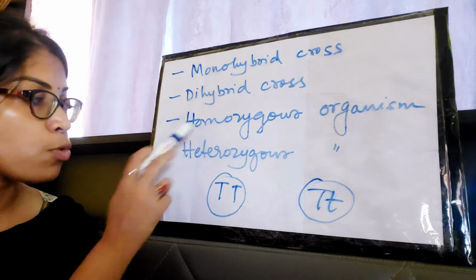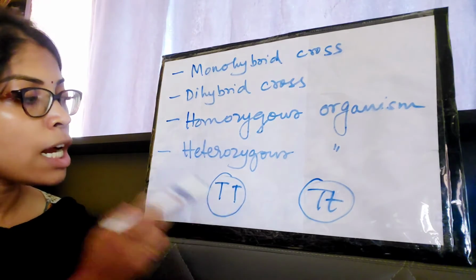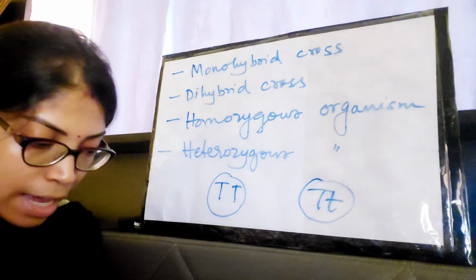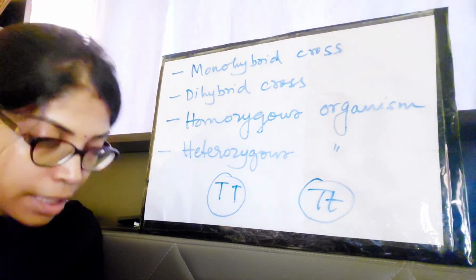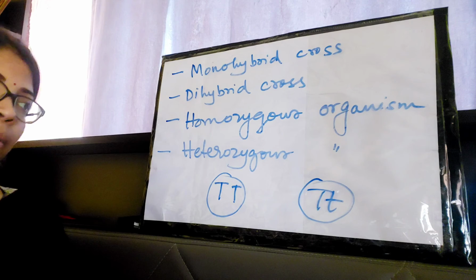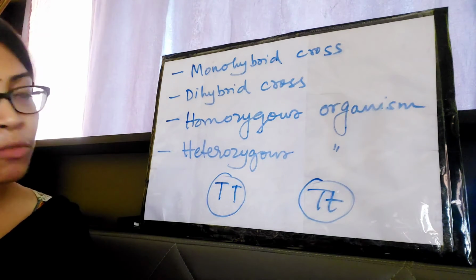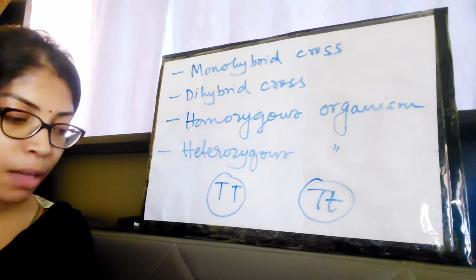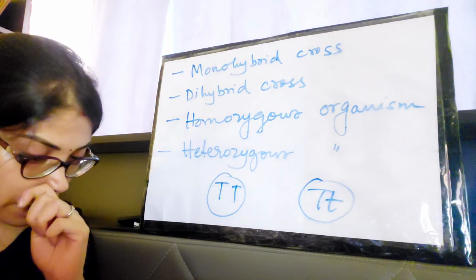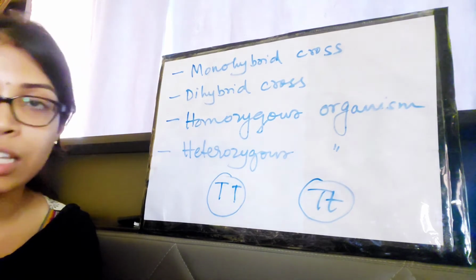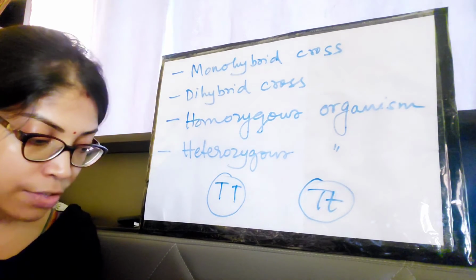But the other one, homozygous, it is of same type, both denote tallness, and that is why it is considered as a homozygous organism. Clear? So many such examples can be given about this, and we will get to know about more such examples when we talk about other features of these homozygous, heterozygous organisms, etc.